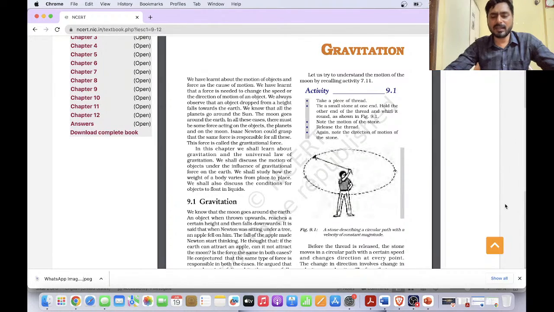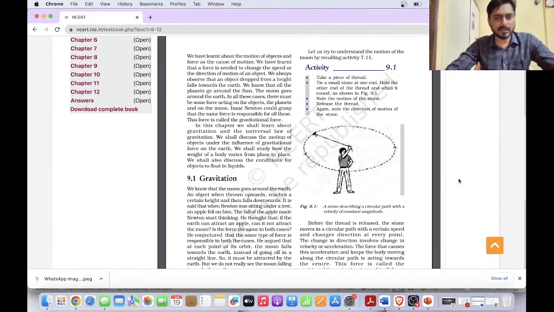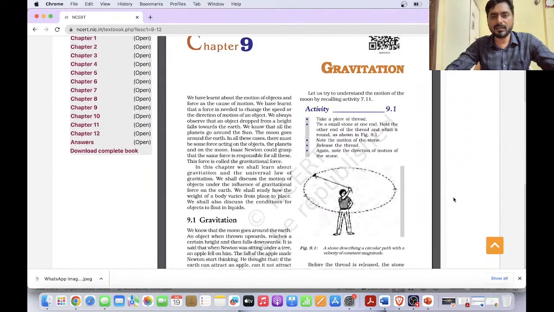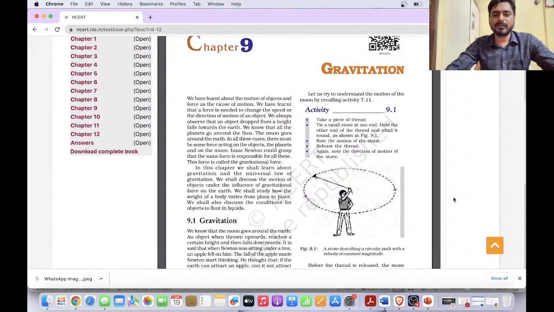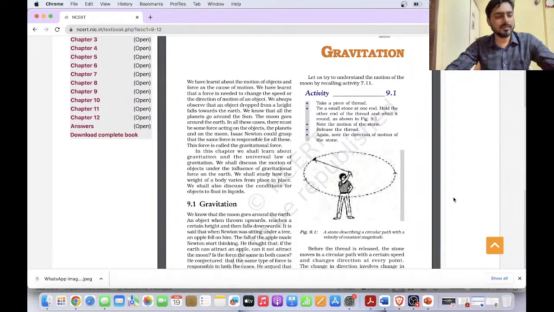This chapter is taken from your NCERT. I have opened the NCERT book, and in this chapter we are talking about gravitation. In gravitation, what do we need to understand? The very basic understanding is needed even for understanding the concepts involved in space science and technology.